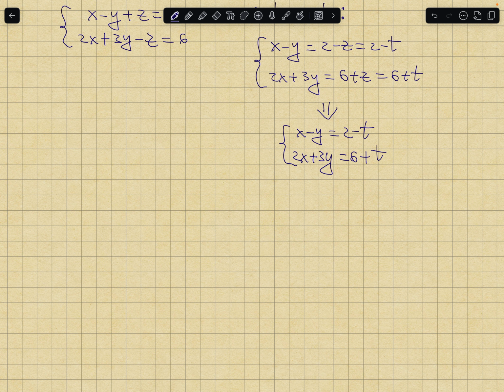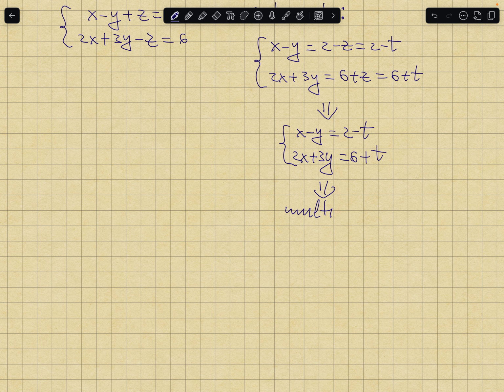So I need to solve for x and y. I can, for instance, multiply the first equation by 3 and add the second equation. So let's go down.